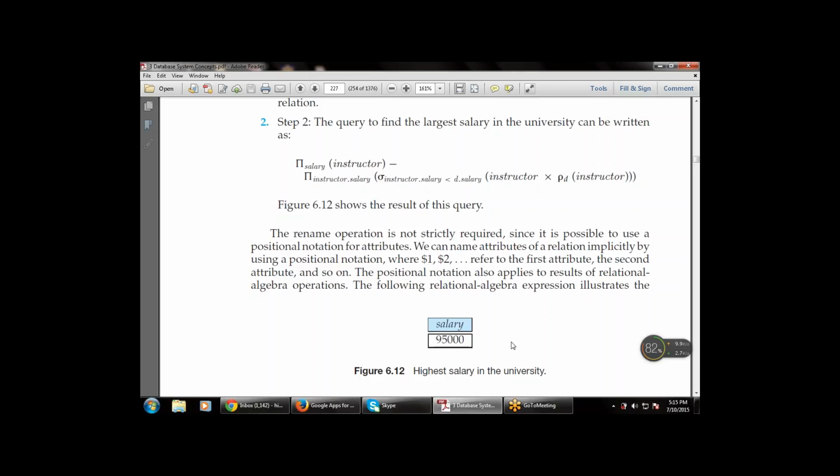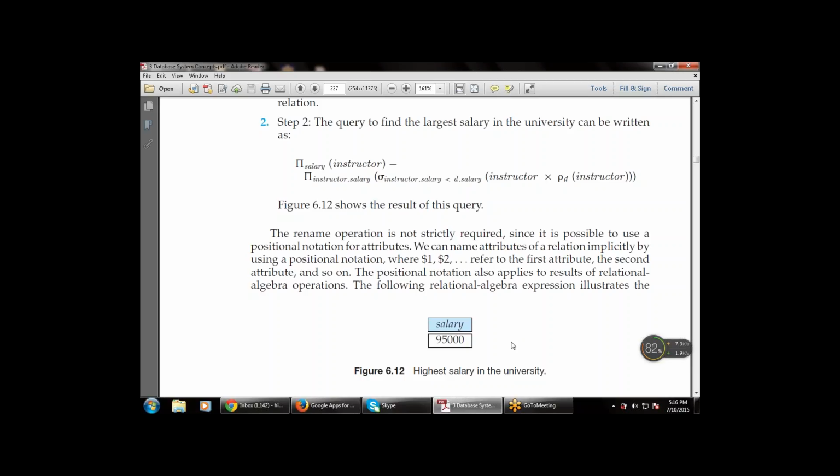So the rename operation is not strictly required. Since it is possible to use a positional notation for attributes, we can name the attributes of a relation implicitly using positional notation, where $1 and $2 refer to the first attribute, the second attribute, and so on.